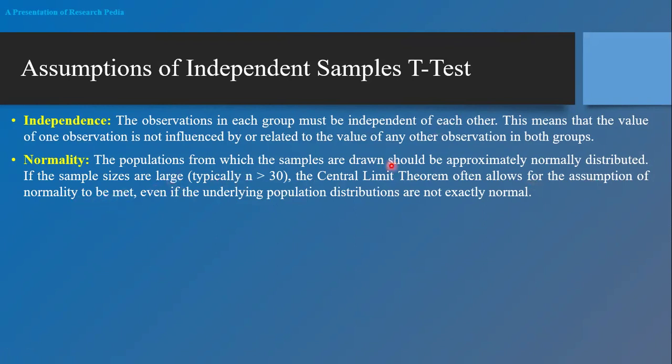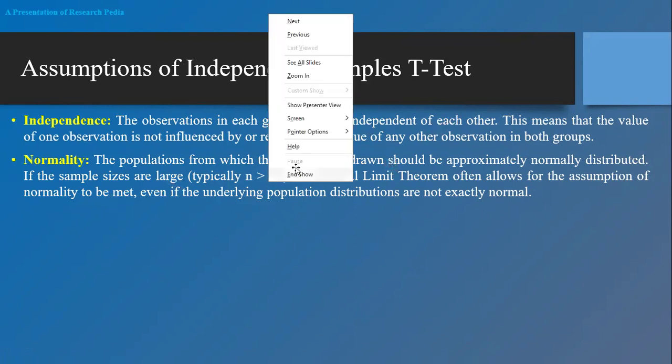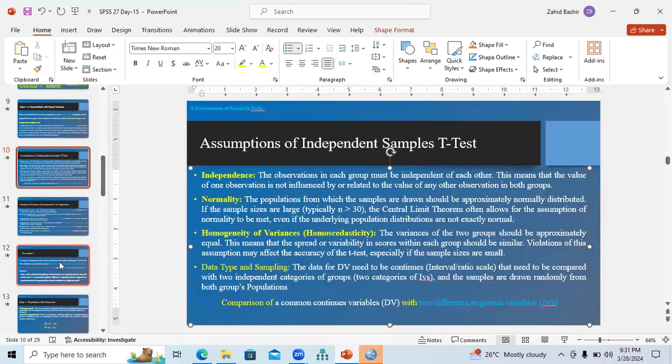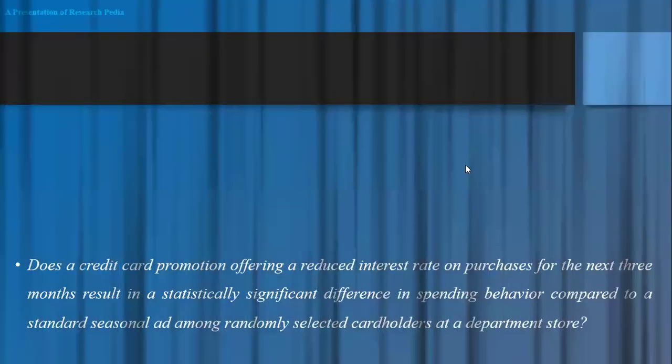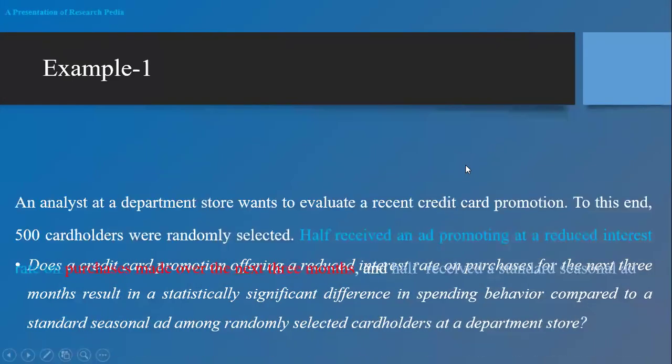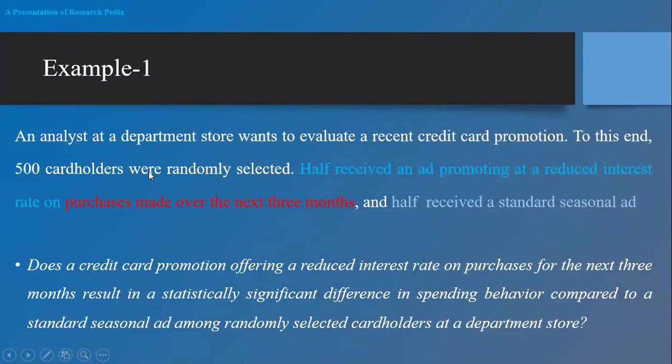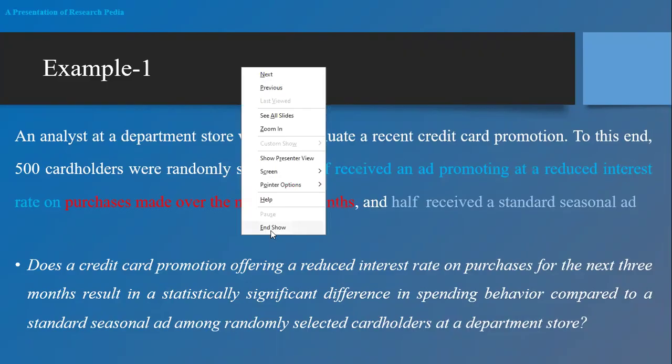So in our case, as our data set is greater than 30, we assume that our normality assumption is met. If you see here, we have the data of 500 card holders, which is greater than 30. So our normality assumption is already fulfilled.